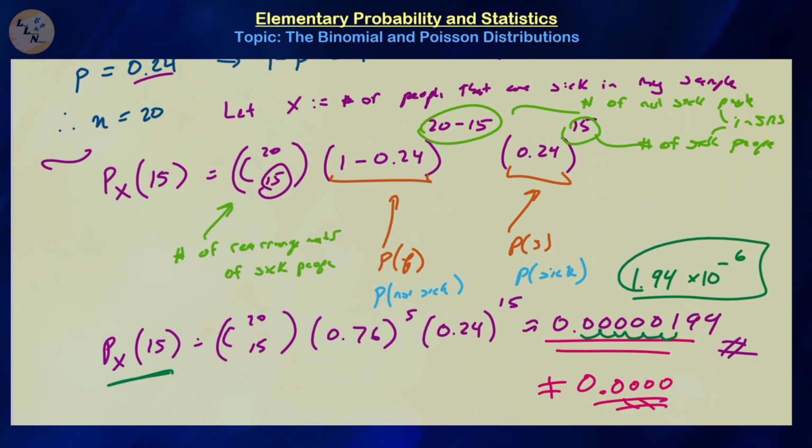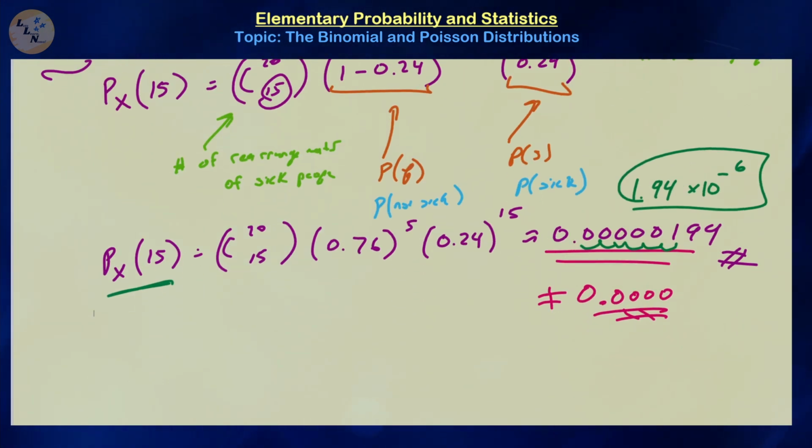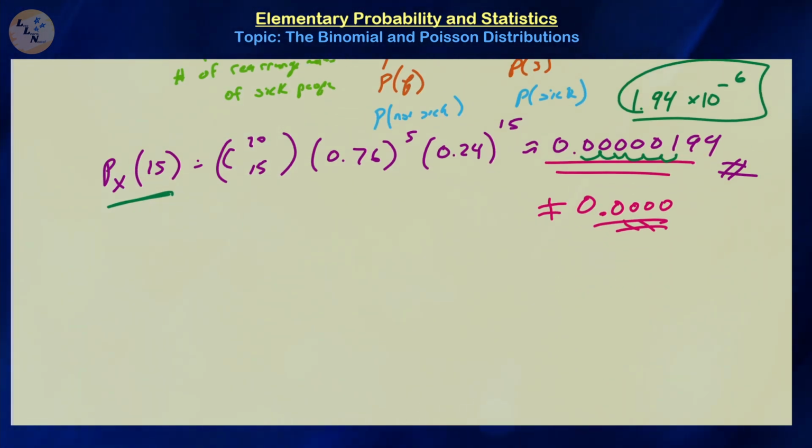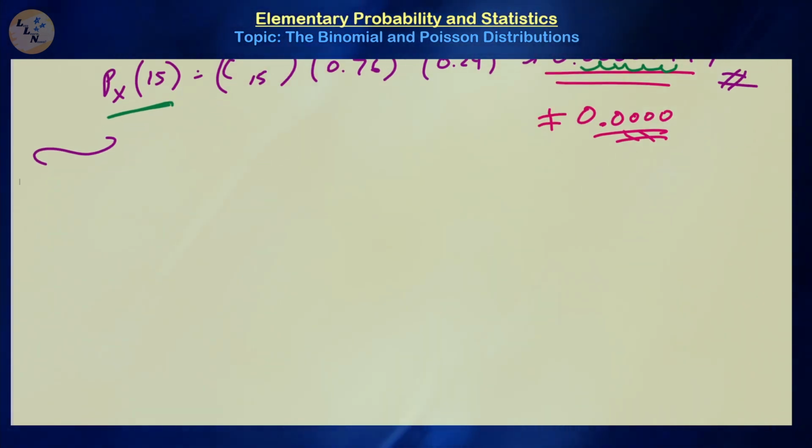That's very important. So another type of problem that you might be wanting to know is the probability that maybe more than 15 or more than 3 or more than 6 or at most 5 or less than 3, these types of problems you can also solve in a very direct way. So let's assume we're working with the same exact problem.